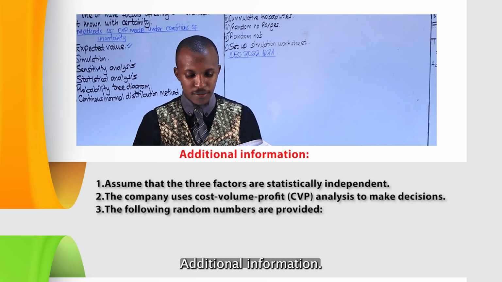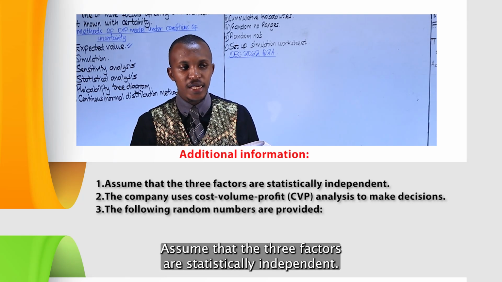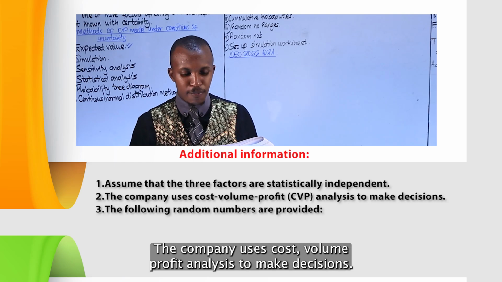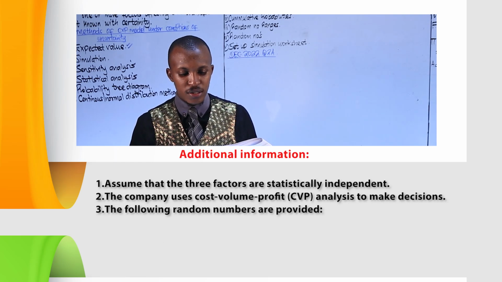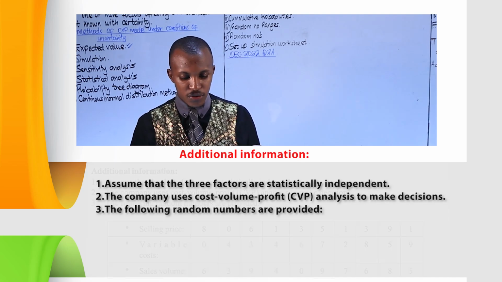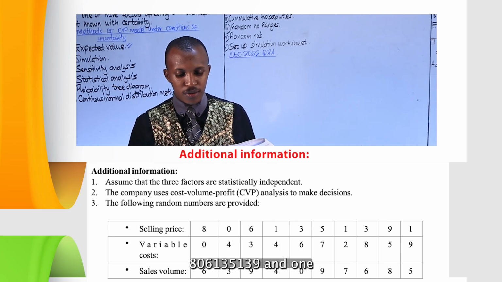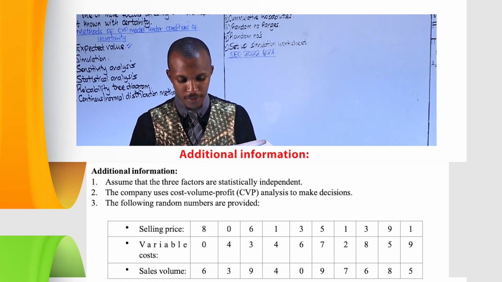Additional information: assume that the 3 factors are statistically independent. The company uses cost, volume, profit analysis to make decisions. The following random numbers are provided. For selling price: 8, 0, 6, 1, 3, 5, 1, 3, 9, and 1.